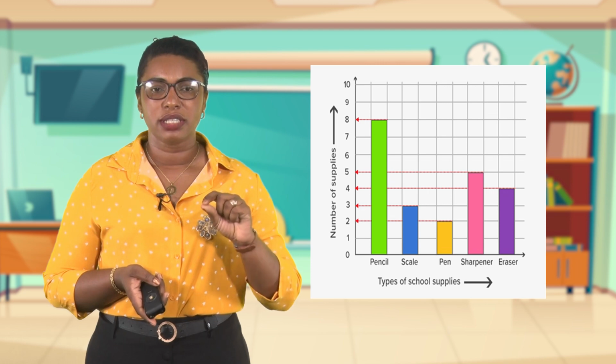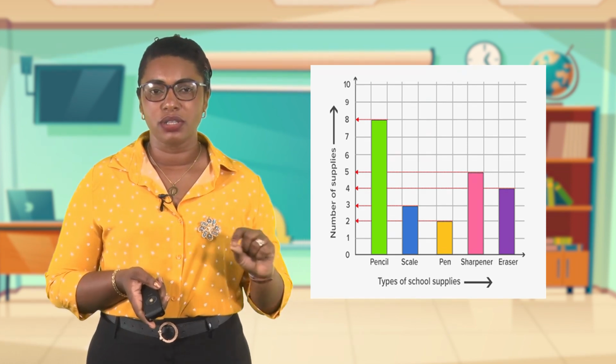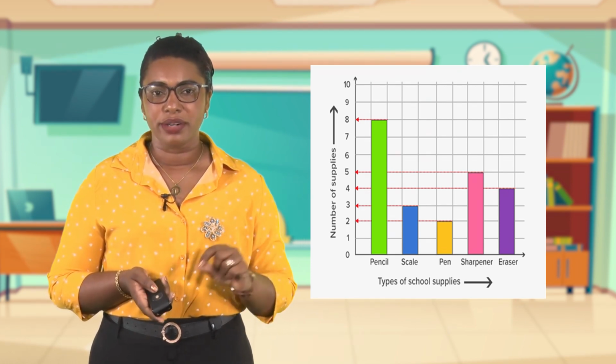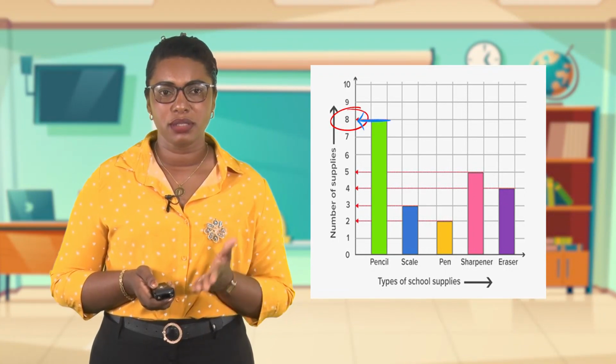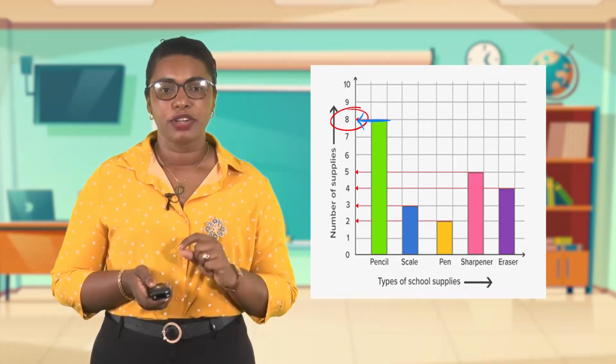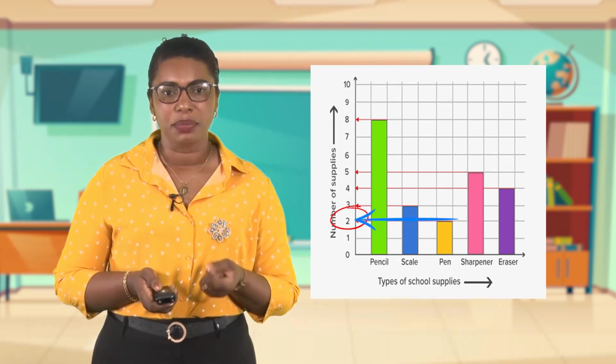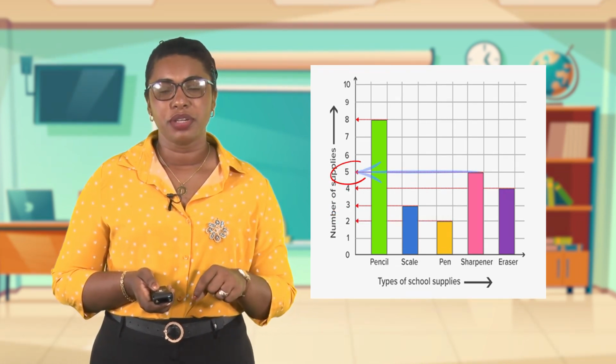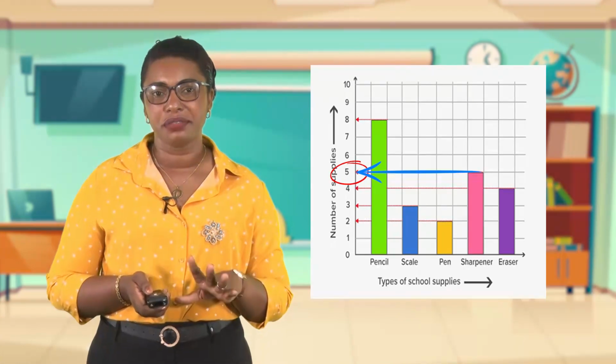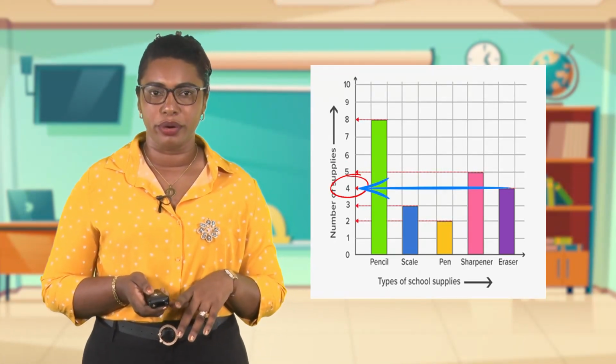As you see there, the line is going straight across to the number at which the bar stops. So for pencil, we're at 8. For scale, the bar stops at 3. For pens, it stops at 2. For sharpener, it stops at 5. And for eraser, it stops at 4.